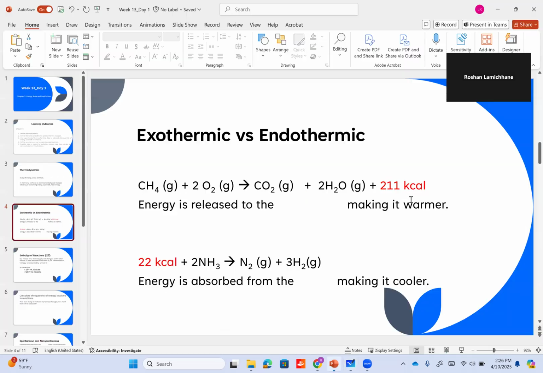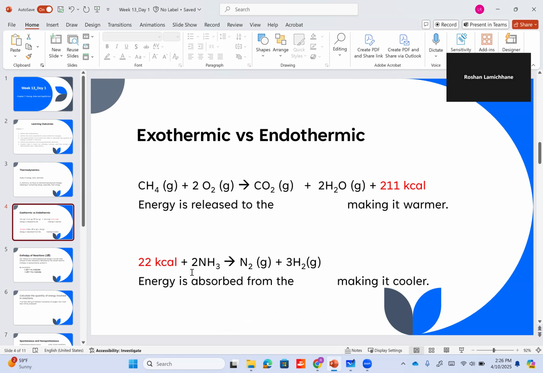All right, the next one is where the energy is absorbed from the surrounding, making it cooler. So this is an example of an endothermic change or endothermic reaction. And the way scientists write that down is by putting the energy on the reactant side.